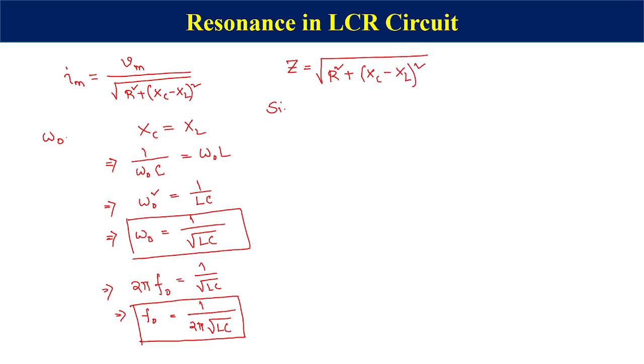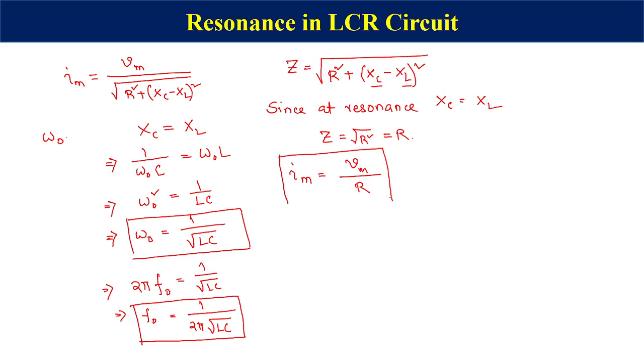Since at resonance Xc becomes equal to XL, Z is nothing but the square root of R square, which is equal to R. That implies I max is equal to V max divided by R. This is exactly the same as a resistive circuit, where we got the maximum current equal to V max upon R. So in this case the capacitive reactance and the inductive reactance get balanced, and we do not get any opposition from the capacitor and the inductor, so we remain with only the resistor.